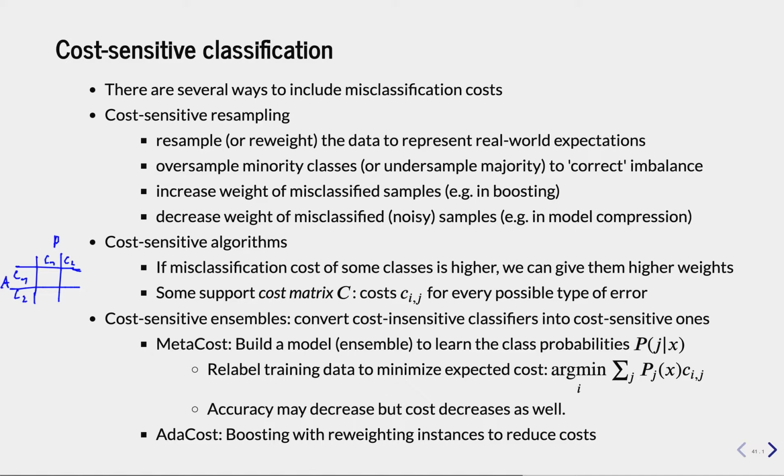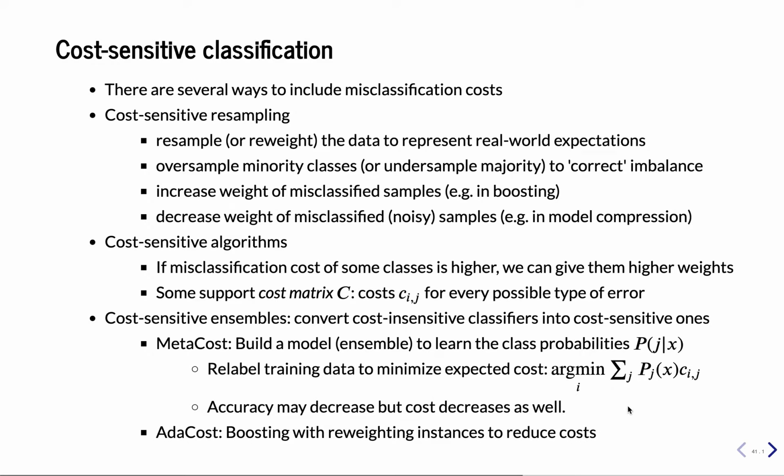If it's correct, then typically the cost is 0. But you can, for instance, say that if you predict class 2 and it's actually class 1, this can be a cost of 1. While if you predict class 1 and it should be class 2, maybe that has a cost of 1,000. Maybe that's 1,000 times worse than the other one. Okay? So you can sometimes supply such a cost matrix to your model.